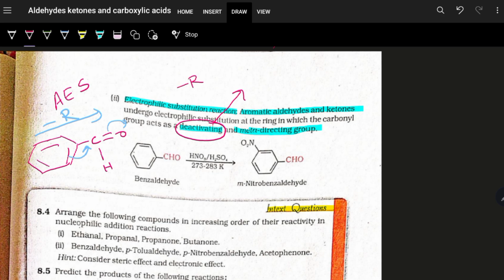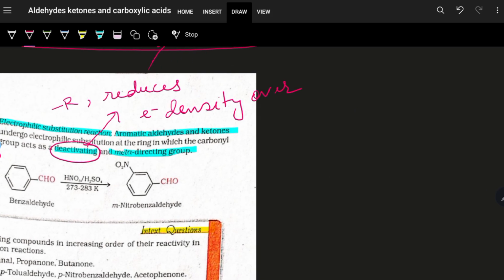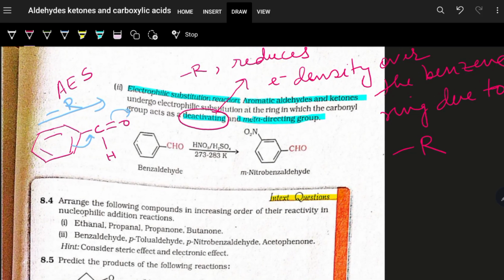Because it has minus R effect, because it reduces electron density over the benzene ring, due to minus R effect. So it is deactivating and hence it is meta orienting.